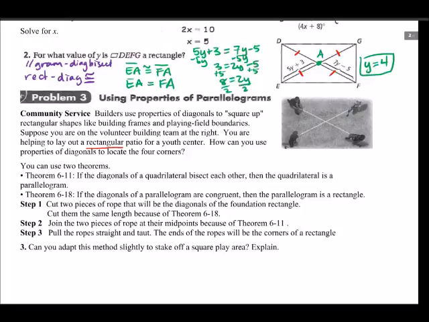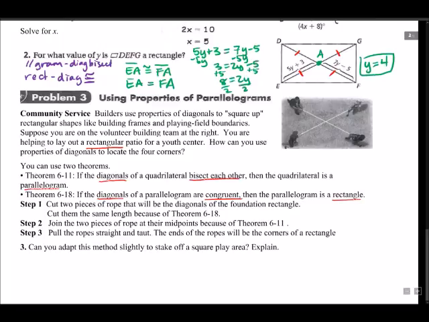Well, we know that our diagonals are going to bisect each other to have a parallelogram. And then if our diagonals are congruent, then we have a rectangle. So we make them bisect to get a parallelogram, and then we're going to make them congruent to get a rectangle.